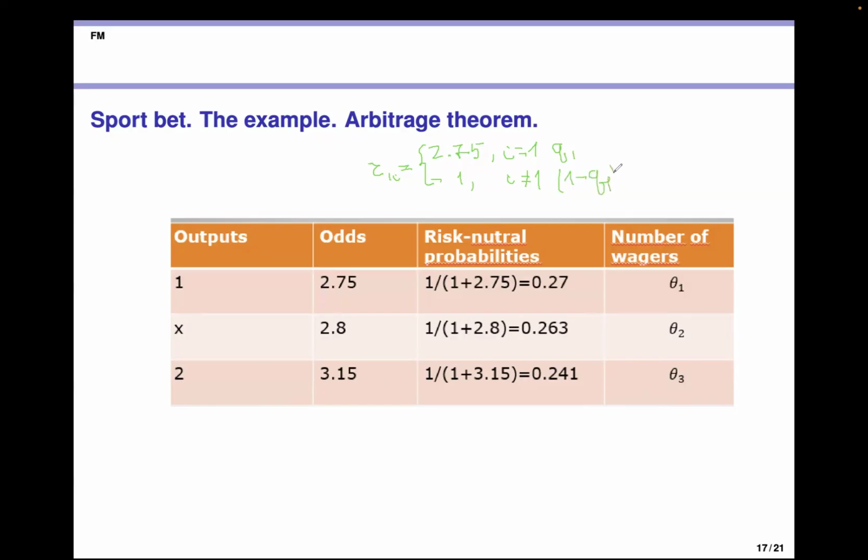Risk neutral probability means that the mathematical expectation is 0. What is mathematical expectation? The sum of outcomes multiplied by their probabilities. Yes, the sum of products.